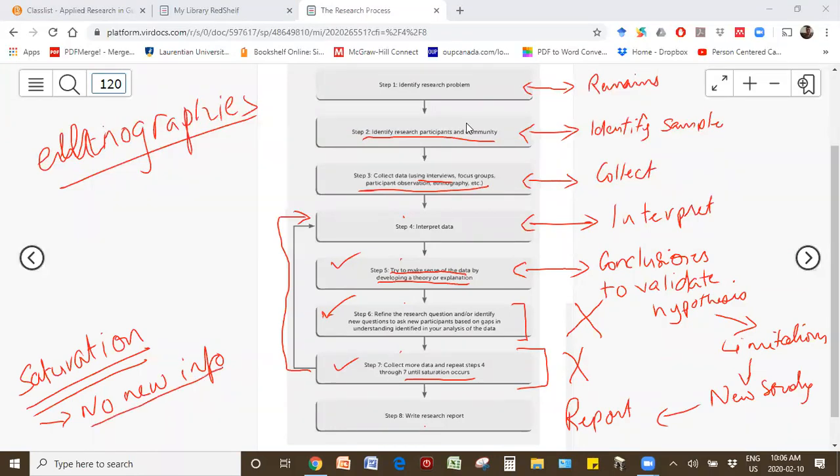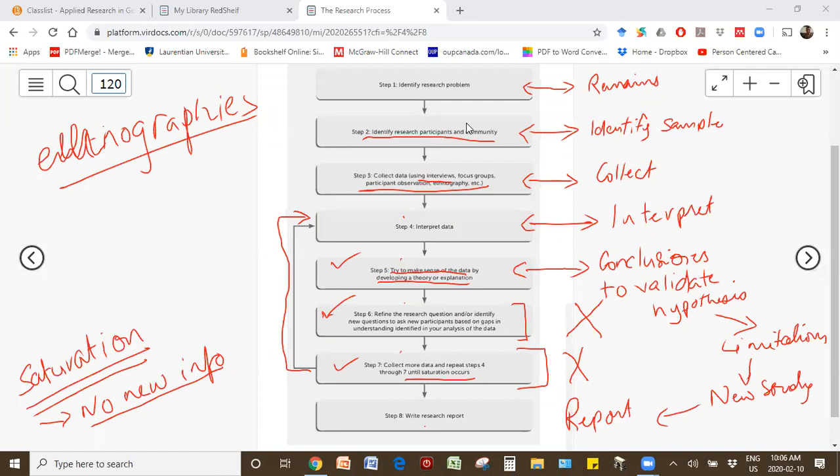You can't possibly hit saturation in qualitative research with your first set of interviews, because as much as we'd like to think, none of us as researchers is sufficiently sensitized to the data. And that's why you start with something. You've got to start someplace.